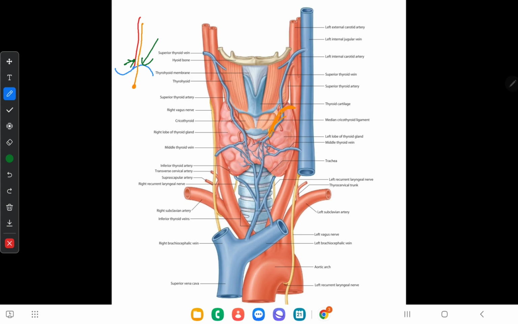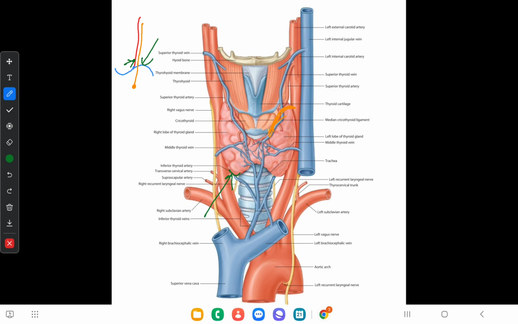Then the inferior thyroid artery arises from the thyrocervical trunk of the first part of the subclavian artery, and it forms a loop with upward convexity to reach the level of the 6th cervical vertebra and then descends to reach the base of the lateral lobe of the gland.